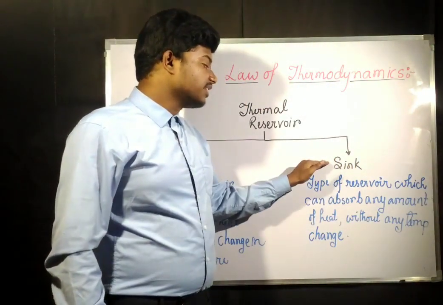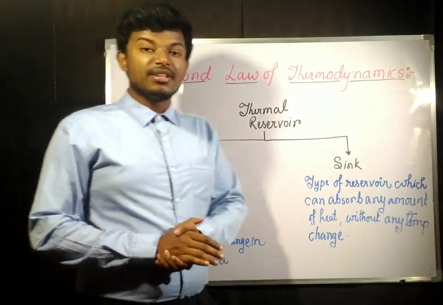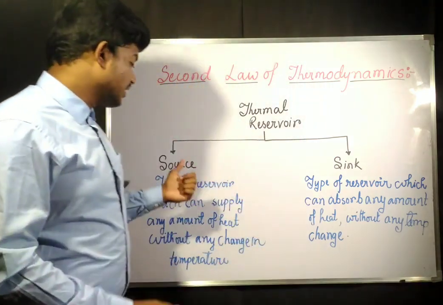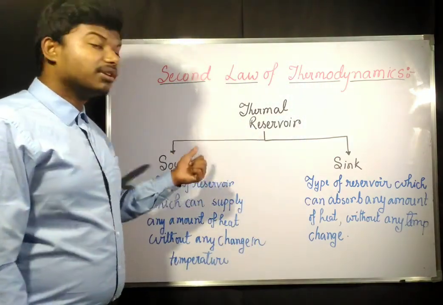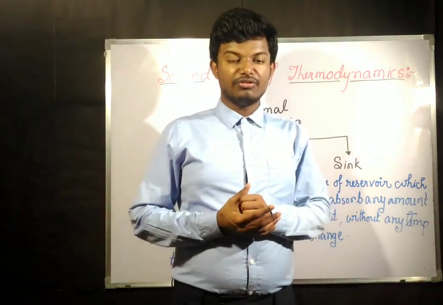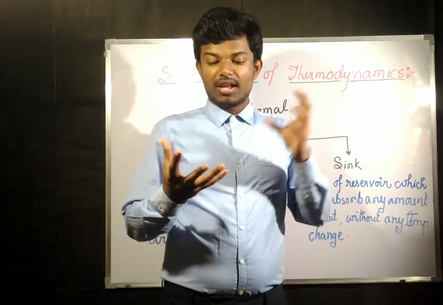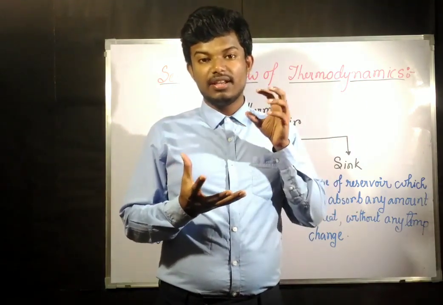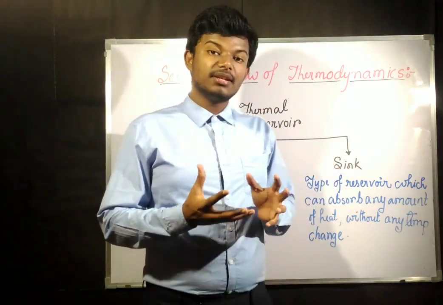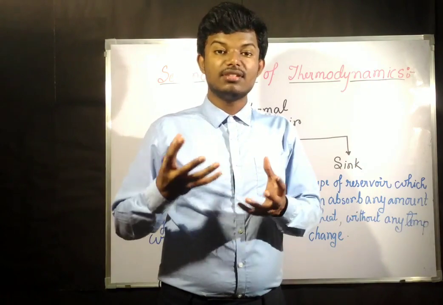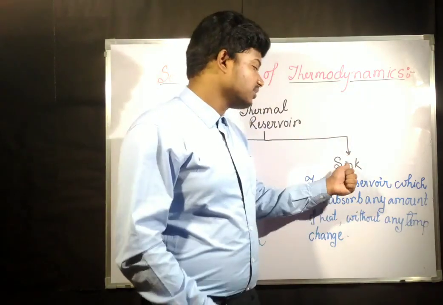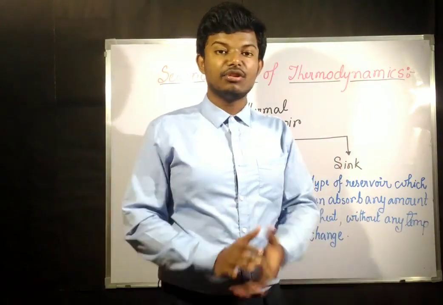Now the second thing is sink. A sink is a type of reservoir which can absorb any amount of heat. In terms of source, the body was supposed to give any amount of heat. Now a sink is going to absorb any amount of heat. That means there is a body and heat is continuously coming to it, but its temperature is not going to change. Then it is known as a sink.